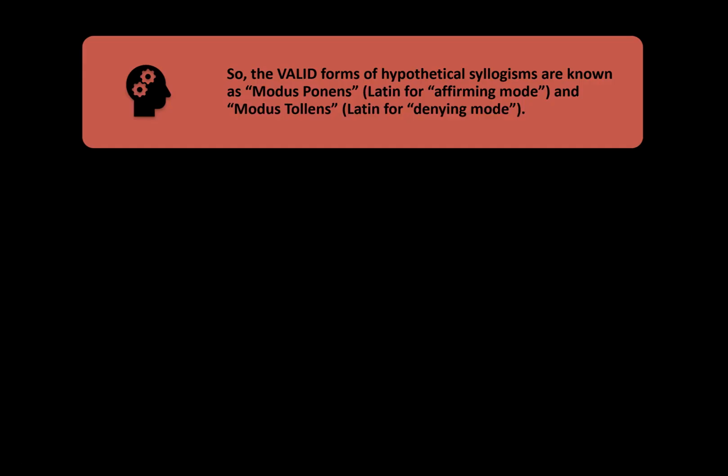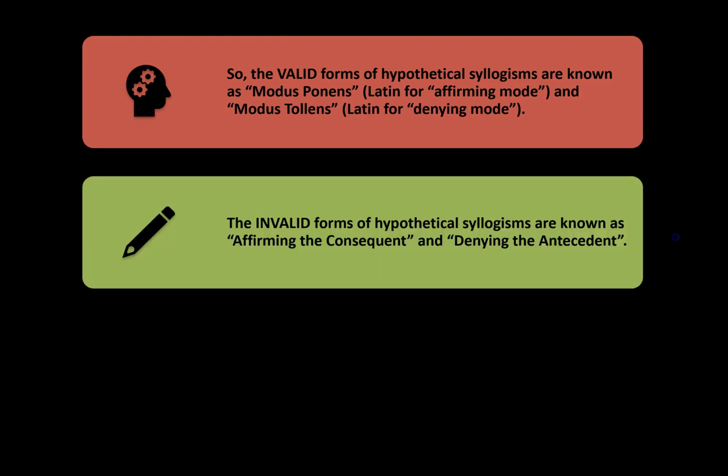So, again, to wrap that up, the valid forms of hypothetical syllogisms are known as modus ponens, which is Latin for affirming mode, and modus tollens, which is Latin for denying mode. The invalid forms of hypothetical syllogisms are known as affirming the consequent and denying the antecedent.